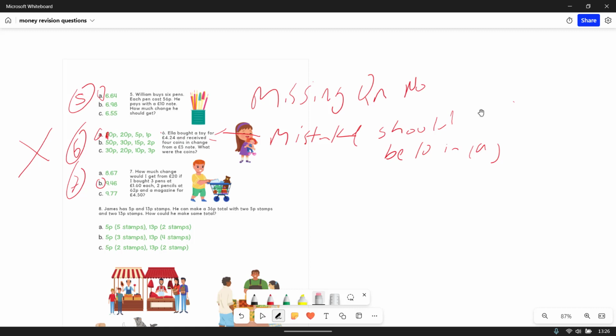Okay, last one, 8. James has 5p and 13p stamps. He can make 36p with a total of 2 5p stamps and 2 13p stamps. How could he make the same total?